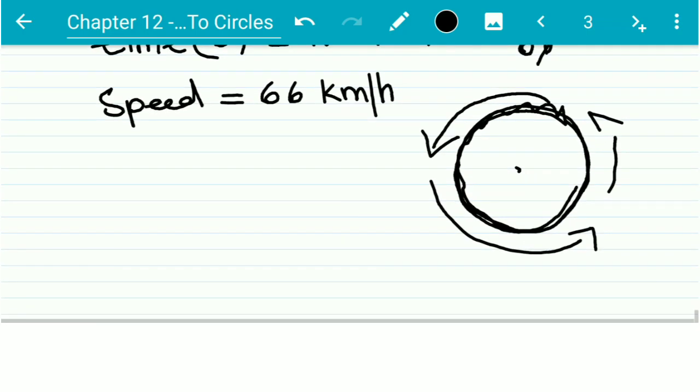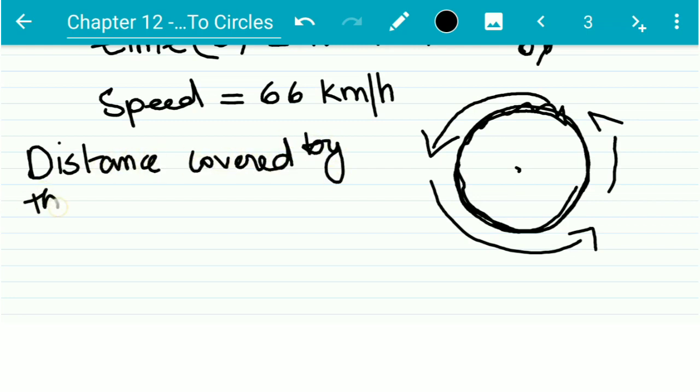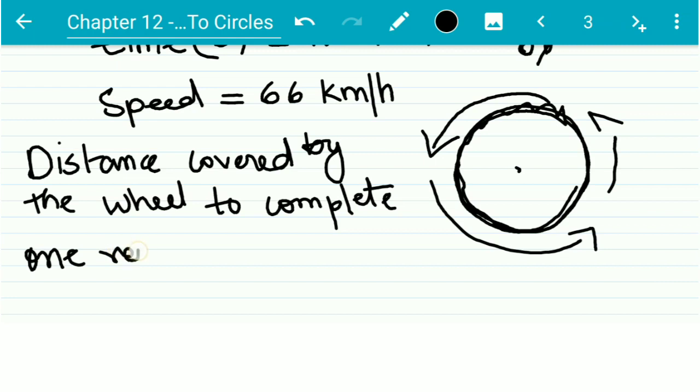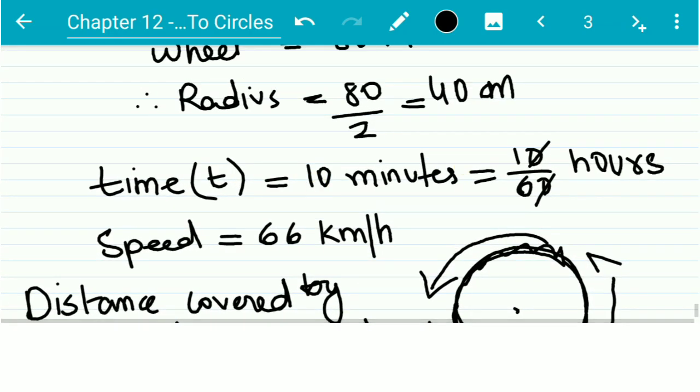So, write distance covered by the wheel to complete one revolution equal to circumference is what? 2 pi r. If you want, write in the bracket circumference of the circle 2 pi r. Give the value of r, radius. We got the radius here. See, radius is equal to 40 centimeter.